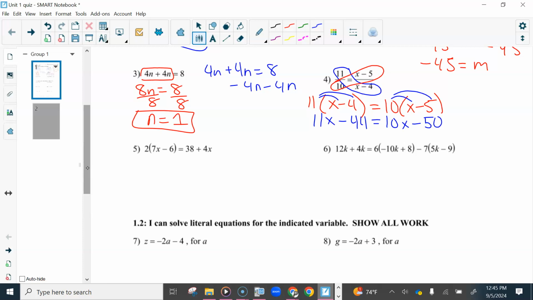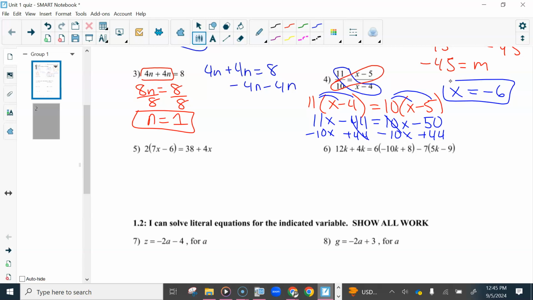That was completely up to you. If we move 10x over by subtracting and move 44 over by adding, this cancels, so we end up with just 1x equals -6, and that would be your final answer.